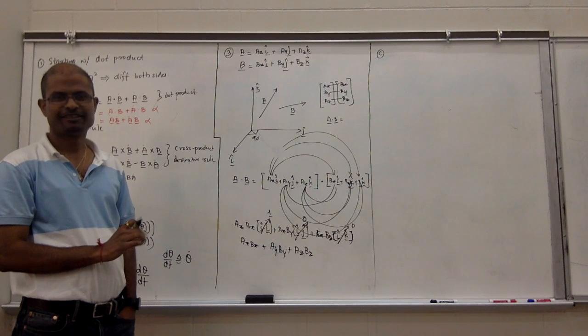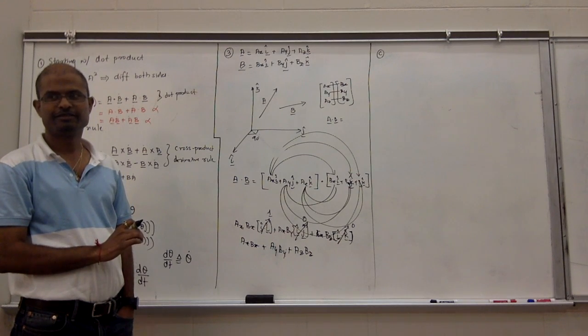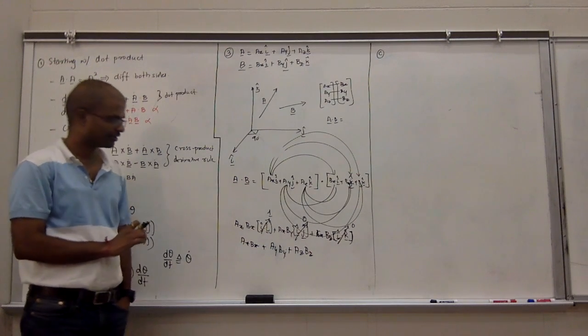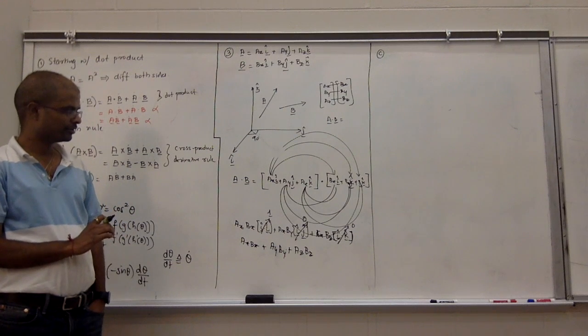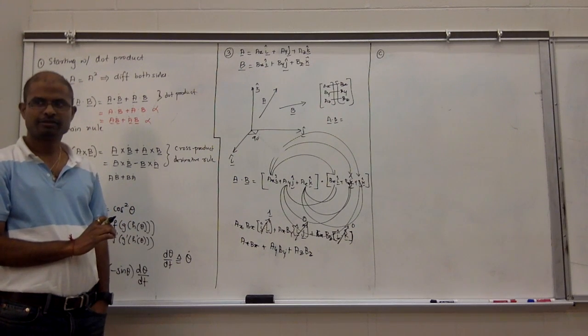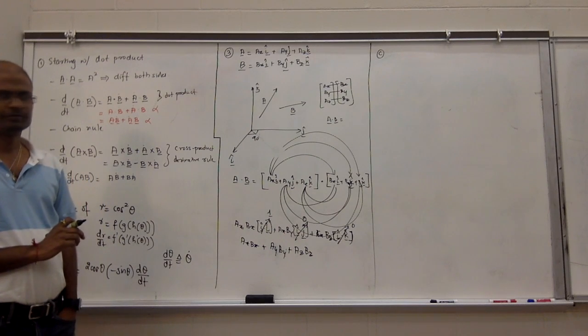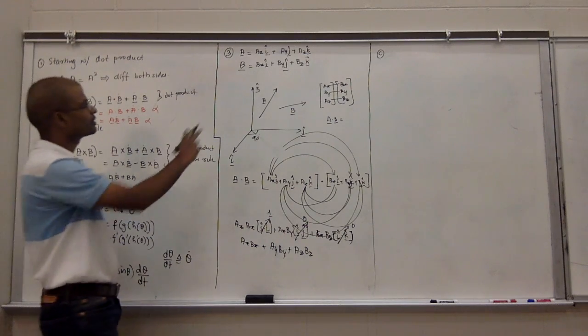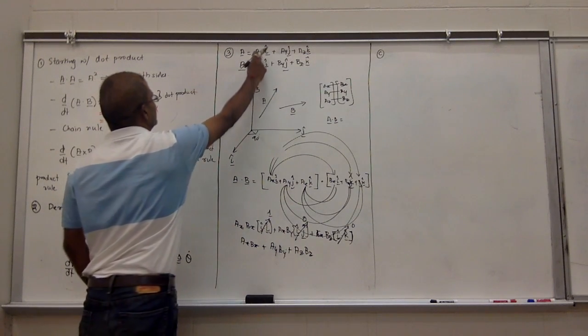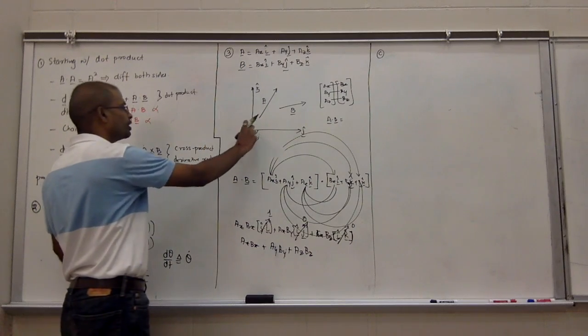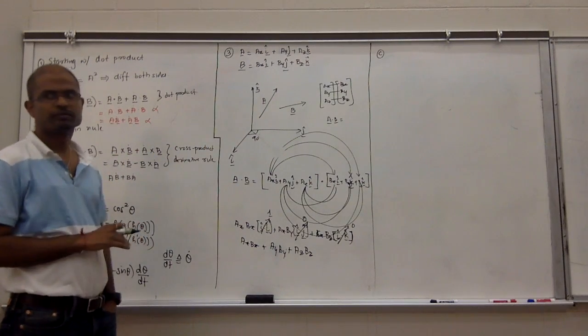So the reason why we dot the unit vectors and not the A and B is because those AX and BX become scalars. If you look at this, the way it is written is, this is the magnitude in the I direction.